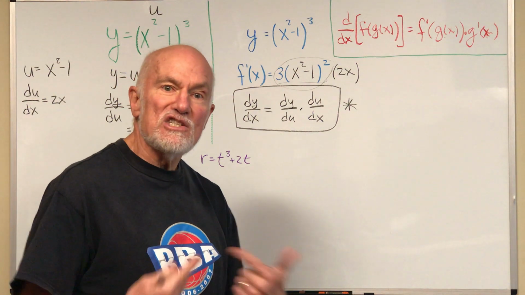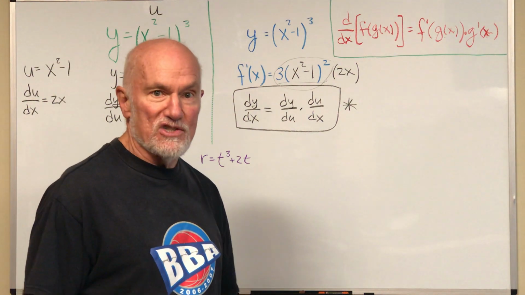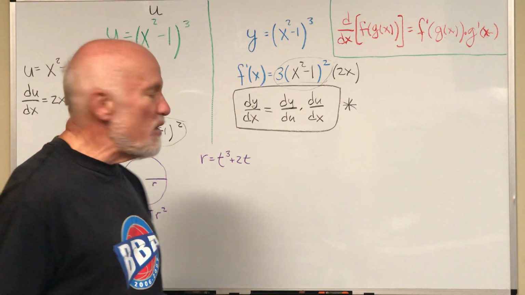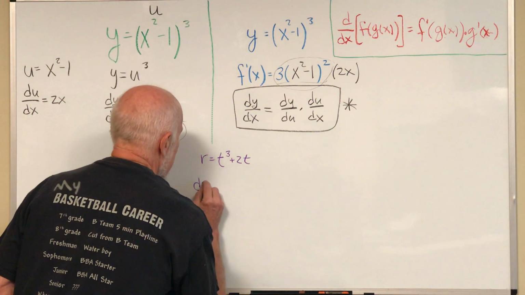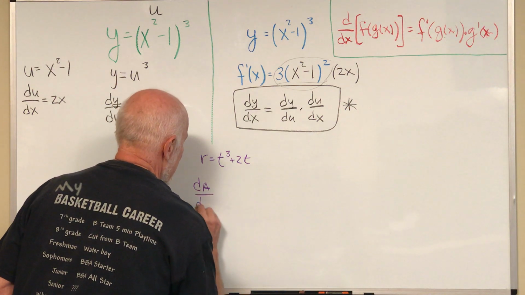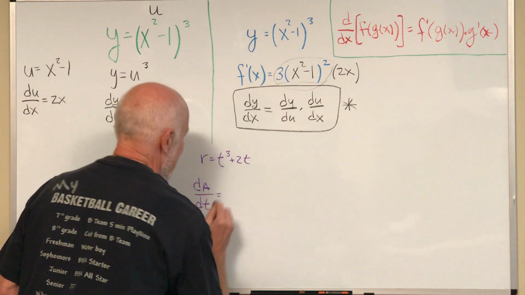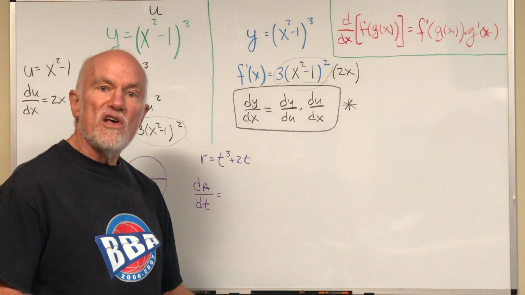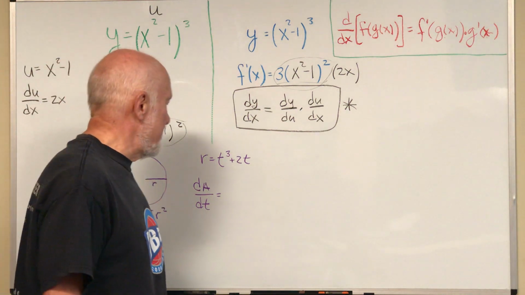As time is changing, we want to know how fast the area is changing. So we don't want to know dA dr, we want to know dA dt. But we don't have A as a function of t, so we can't just use our regular formula.